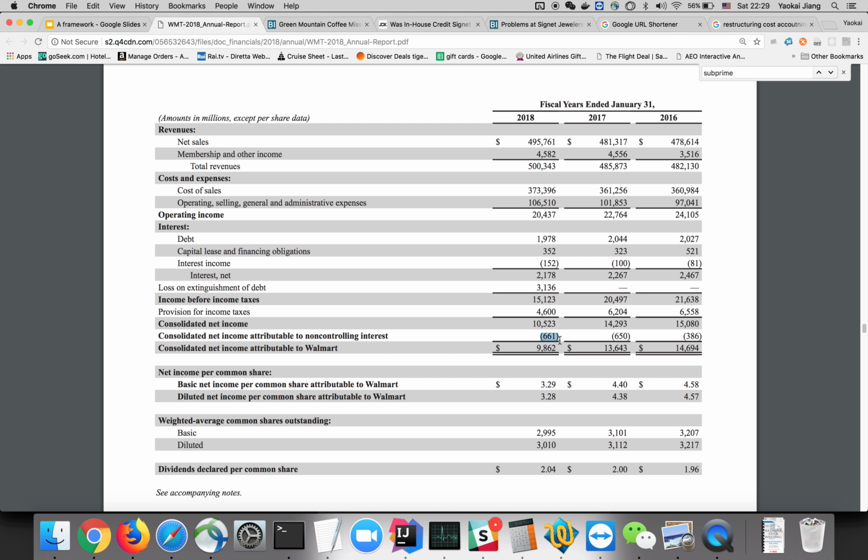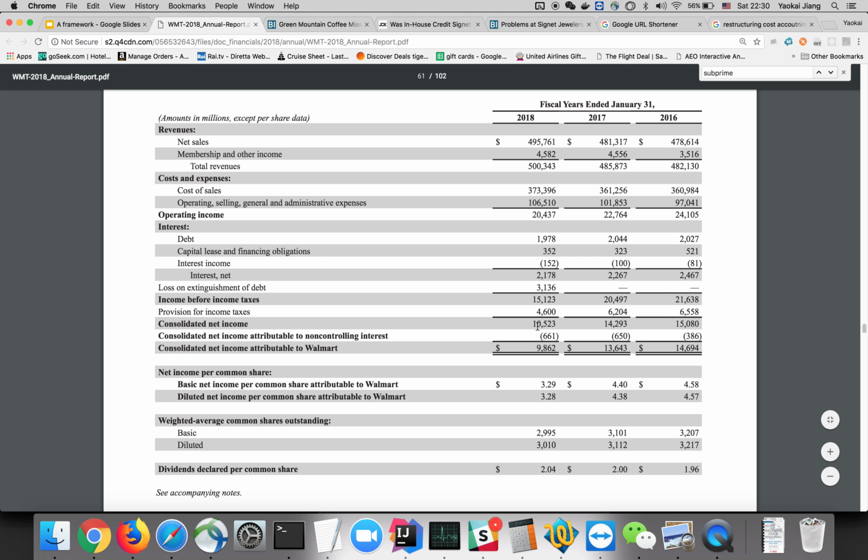And this line, which is net income attributable to non-controlling interest, is basically if Walmart formed some kind of joint venture with someone else, and Walmart has a controlling interest in that joint venture, so basically Walmart calls the shots, the revenue gets 100% accounted towards Walmart, and the income also gets 100% accounted to Walmart, and that goes in here.